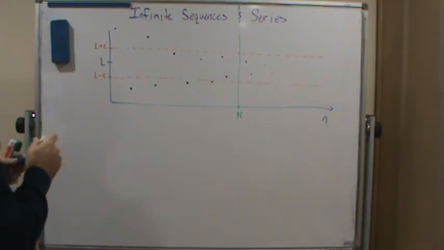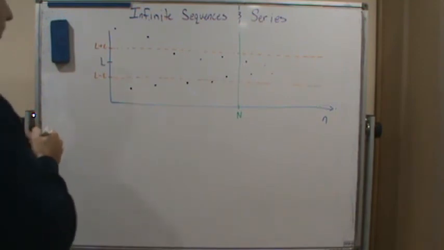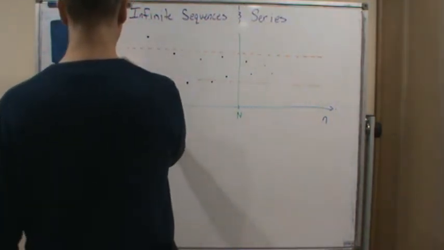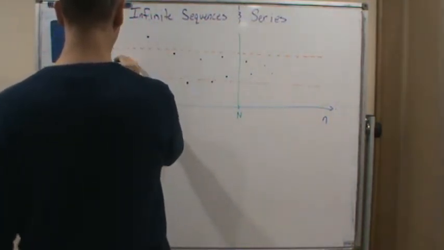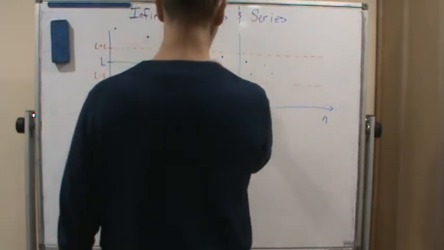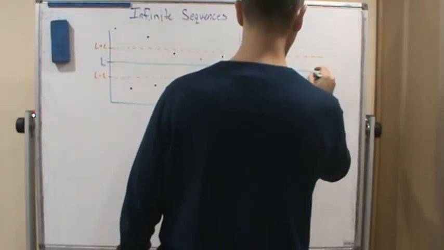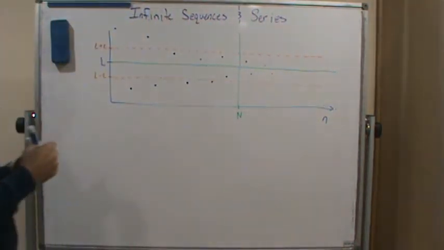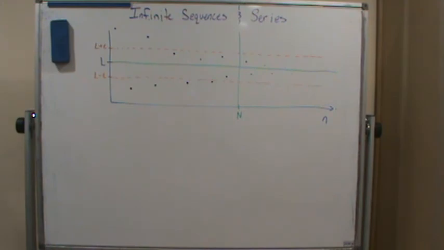Like so. And let's say we've got here, there's our line for L. So here's what it's saying.